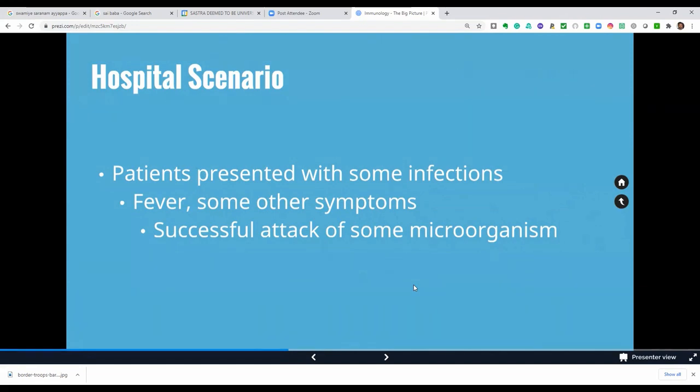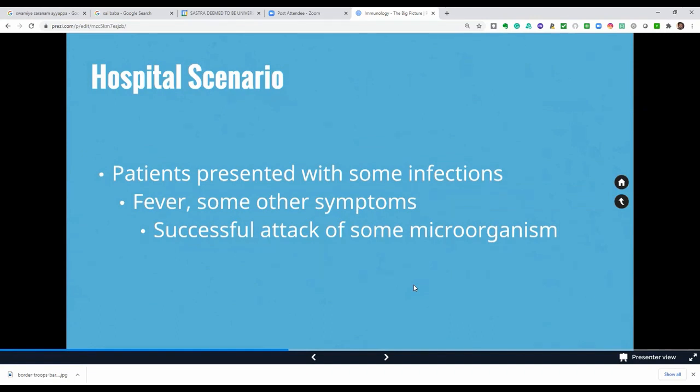If we carefully analyze the blood sample or urine sample, we can say that there is a kind of successful attack of some microorganism in that patient, and that is why he got some symptoms which are associated with infections caused by microorganisms. In that case, if you are a really healthy person, your body should be able to tackle this.